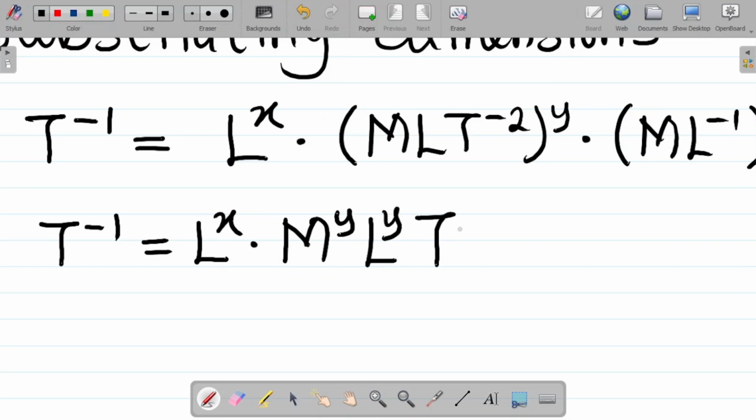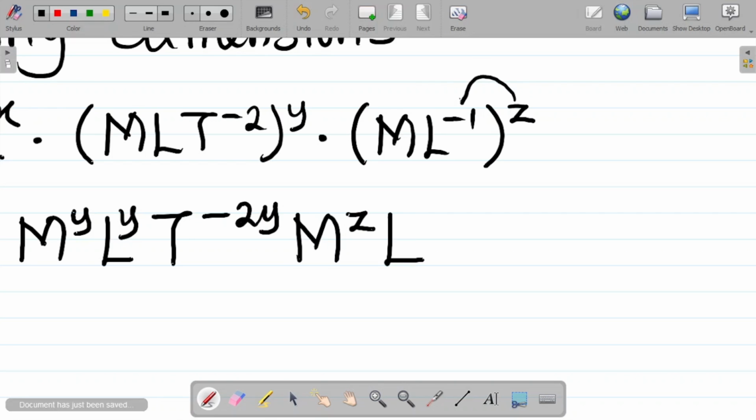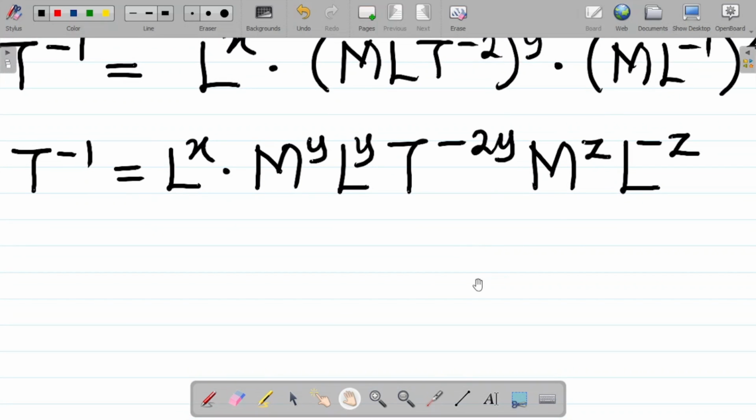We'll now take t, becomes y times the power here, which is minus 2. Y times minus 2 gives you minus 2y. So we have this. All right, coming to this 2, we repeat the same thing here. So z times the 1 here. So it becomes m into z times 1 is z. Then L into z times minus 1. Z times minus 1 is minus z. So L into minus z. So we have this. All right, so we are now at this point here.